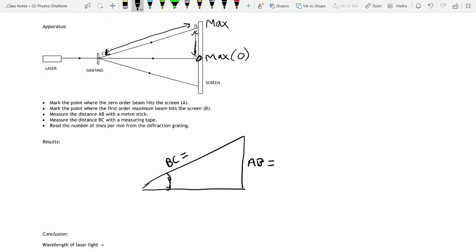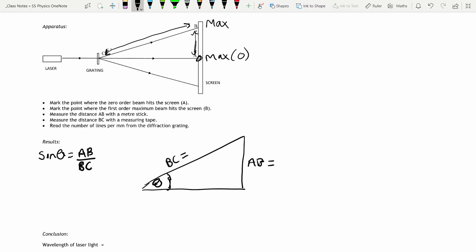You can find the angle using trigonometry. The sine of the angle would be AB over BC, opposite over hypotenuse. So you'll have AB and BC from the experiment.